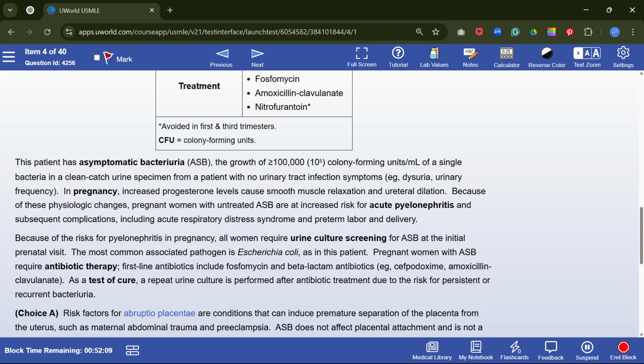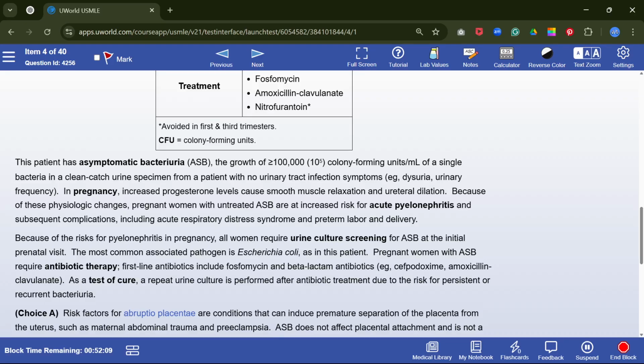The growth of more than 10 to the power 5 colony forming units per ml of a single bacteria in a clean catch urine specimen from a patient with no urinary tract infection symptoms, such as dysuria or urinary frequency.